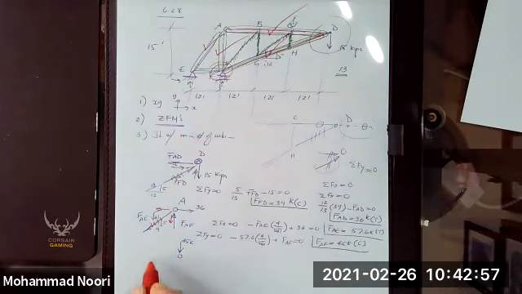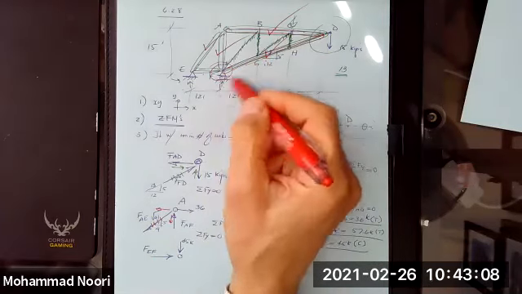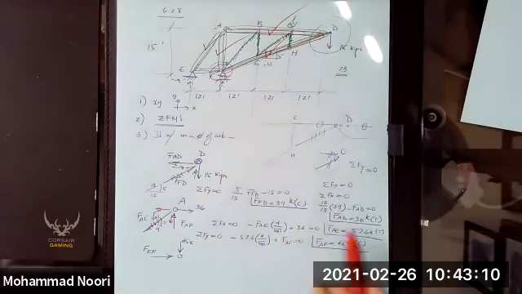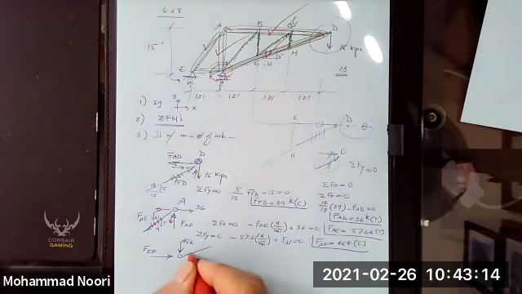I have this unknown force, assuming it is acting in this direction, force of EF. I have this force of FD. FD is 39, a compressive force coming toward the joint then. Remember, this was 12, 5, 13.